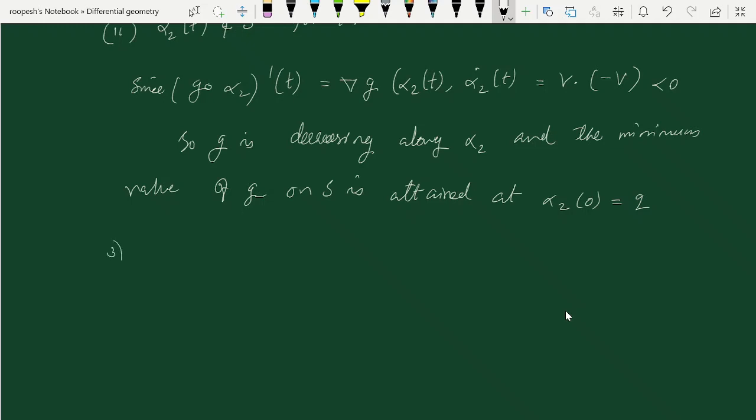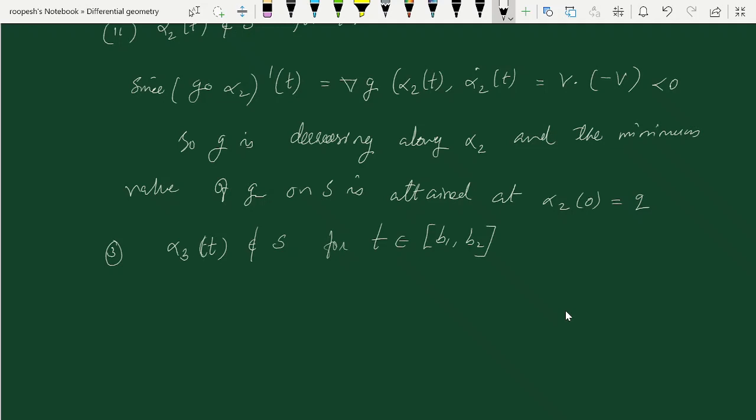So the third one is that alpha 3 of t does not belong to S for t belonging to the closed interval b1, b2, is true, right? Since alpha 3 of t means it belongs to the circumference of the circle.